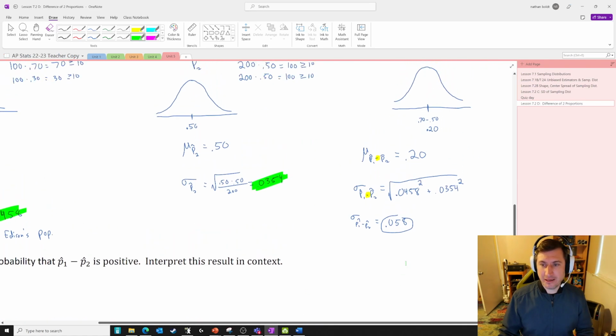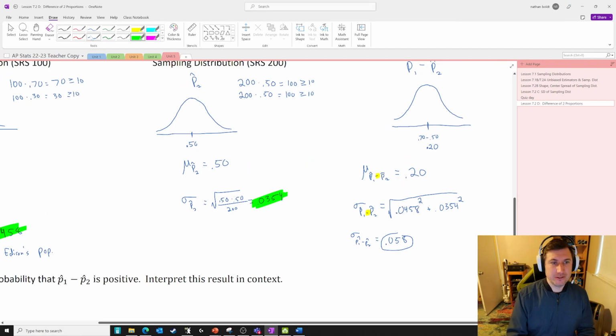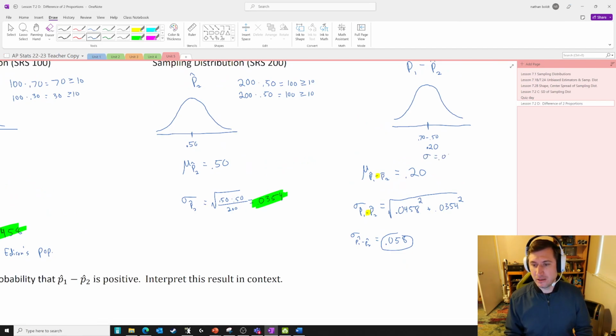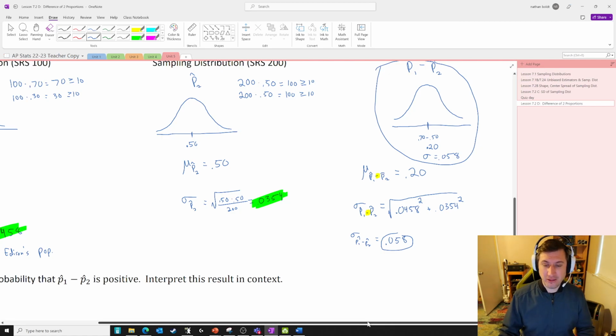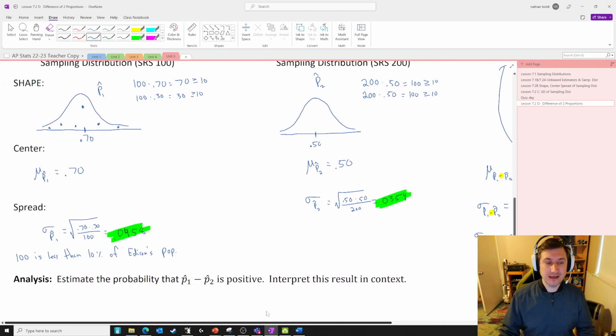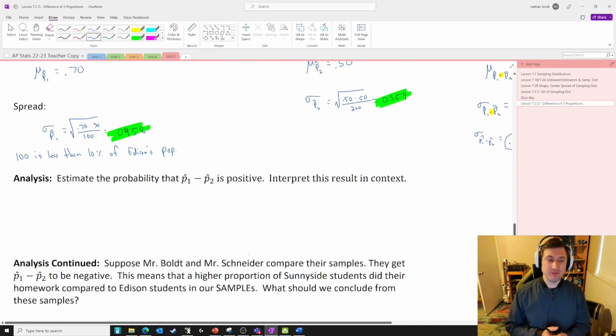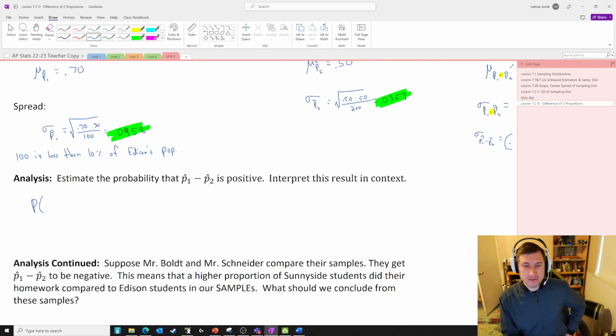All right, well, now I have a normal distribution that describes what it should look like if I take those two samples and subtract them. What could the result look like? And now that I have a normal distribution, I can find some probabilities. So what is the probability that P1 hat minus P2 hat is positive?